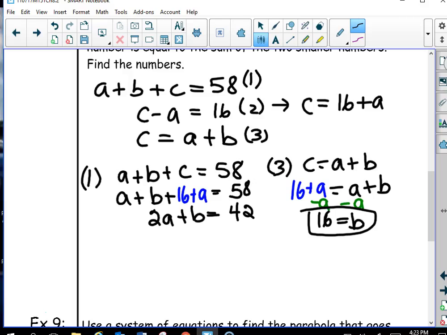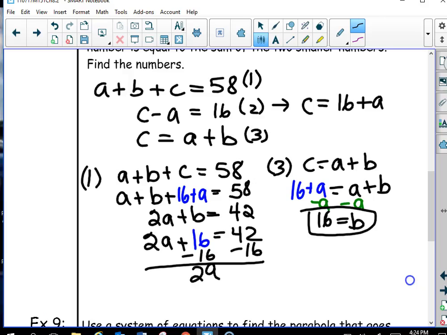Okay, so I'm going to take that B and substitute it back into my previous equation, just basically working backwards. Looks like 29.